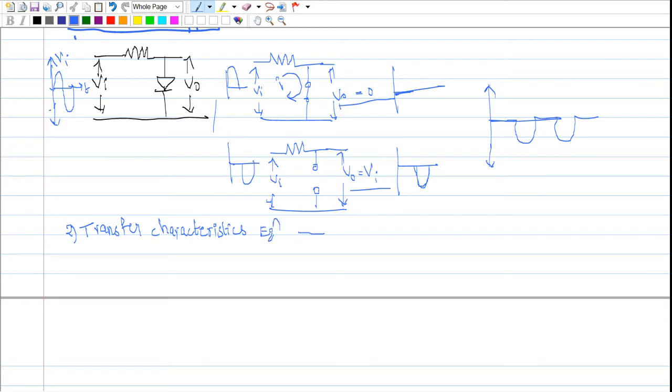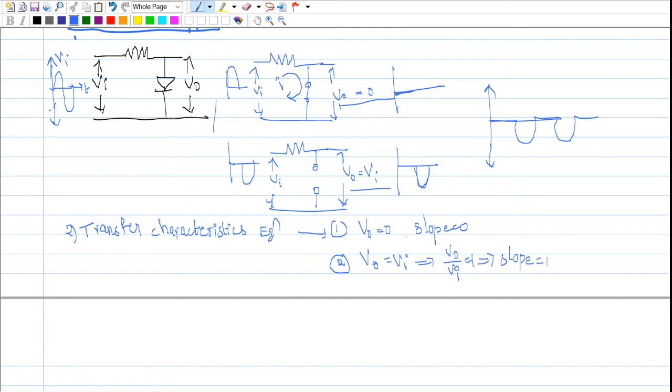In that, the first equation is V naught is equal to 0 volts. V naught equal to 0 is nothing but slope 0. The second equation is V naught is equal to Vi. From this equation, output voltage by input voltage is equal to 1, so the slope is 1.